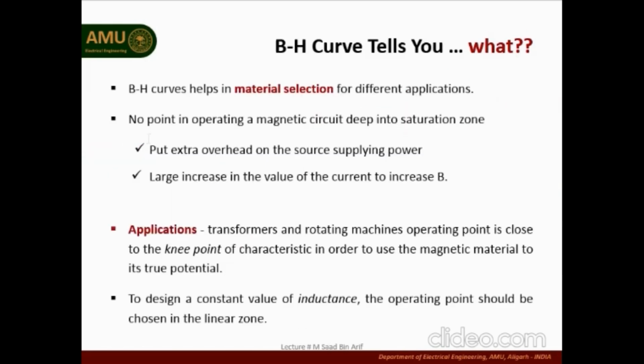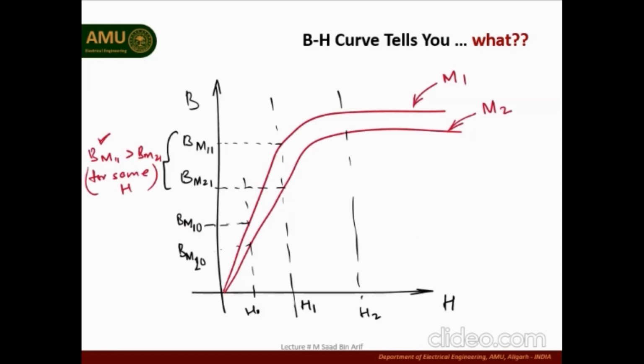From these characteristics, one can easily conclude that material 1 is better than the other material, as the flux produced in material 1 is high for the same value of applied field.